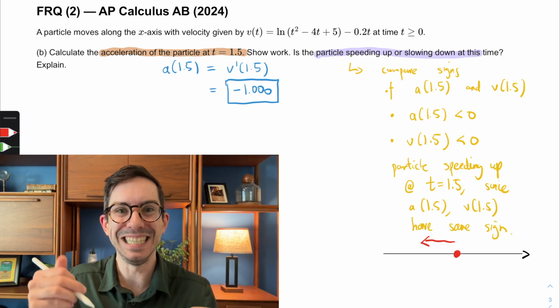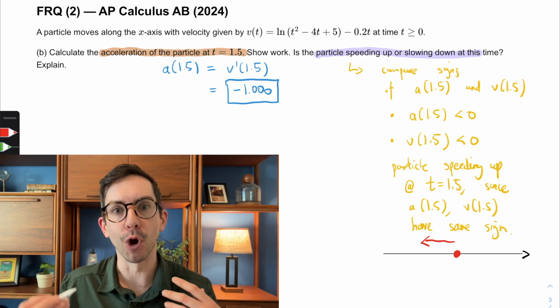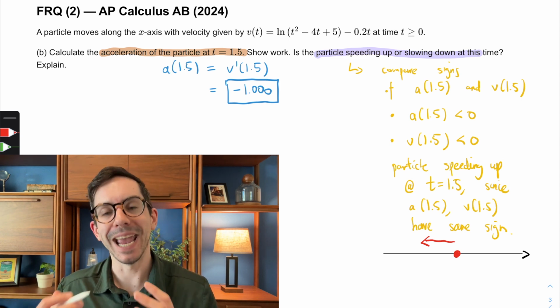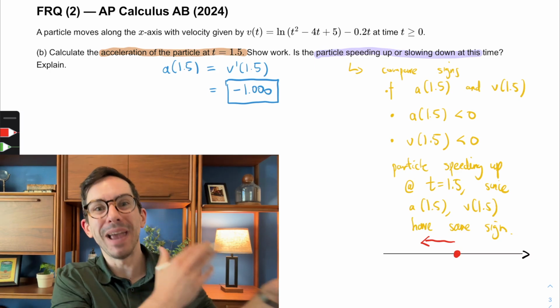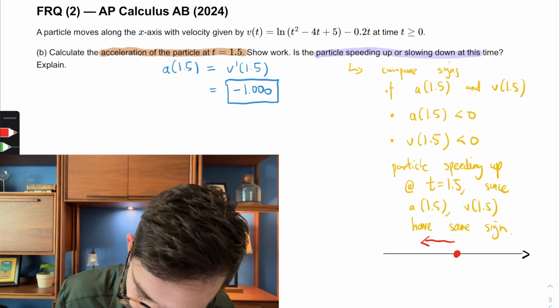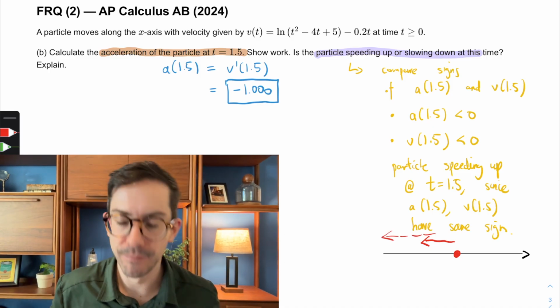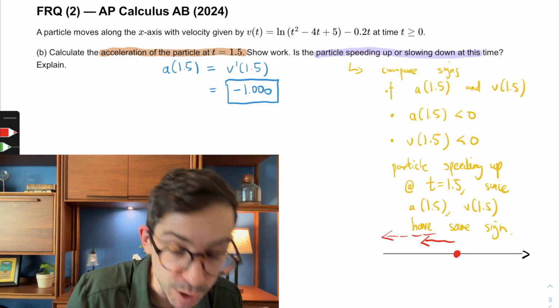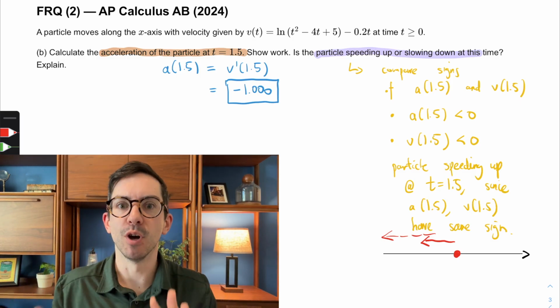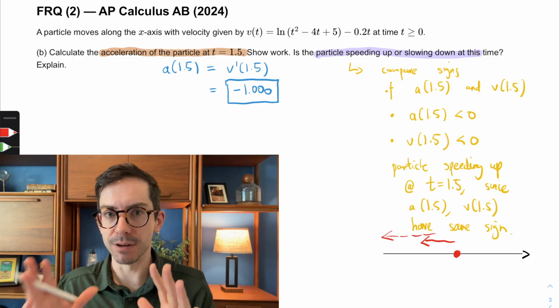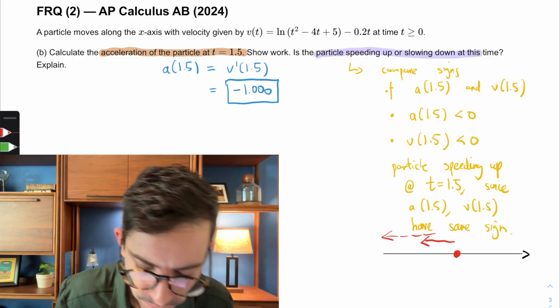The velocity is decreasing and becoming even more negative. So I'm already heading in the negative direction, and I'm speeding up in that negative direction. So we're getting faster and faster in that negative direction. You don't need to include that in your answer, certainly. I'm just trying to jog our memory of why this sign comparison is what makes sense for us.